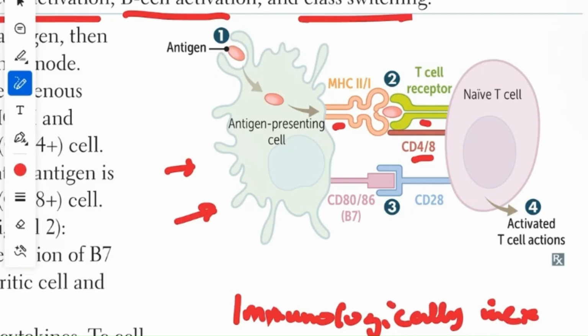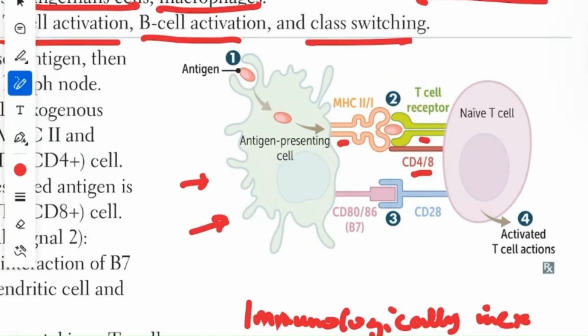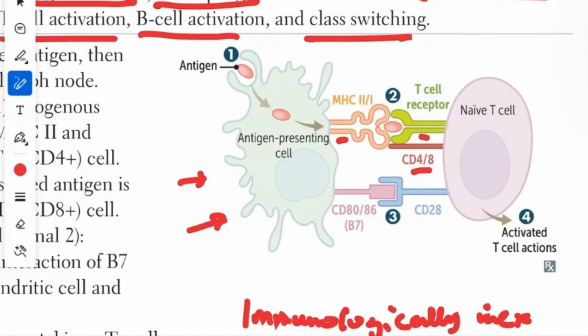It's very important. So you have the antigen binding to the T cell receptor. This is the first signal, the number one signal. The number two signal, the co-stimulatory signal, is the binding between CD28 on the T cell and CD80 or 86, also called B7, on the APC. Now they say co-stimulatory, but it's extremely important.